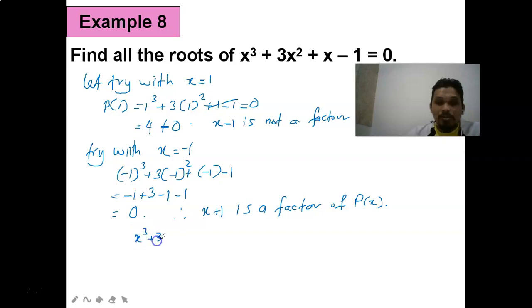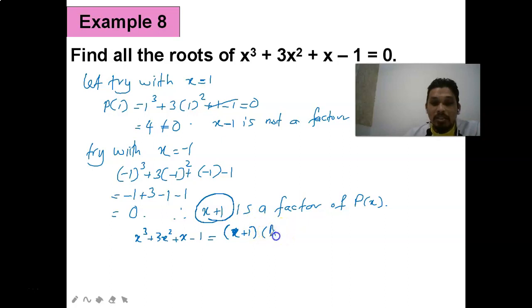Okay, so then our next step, now x cubed plus 3x squared plus x minus 1 equal to, okay, this is one of the factors, x plus 1, then the other one here is ax squared plus bx plus c. Okay, now let's compare.